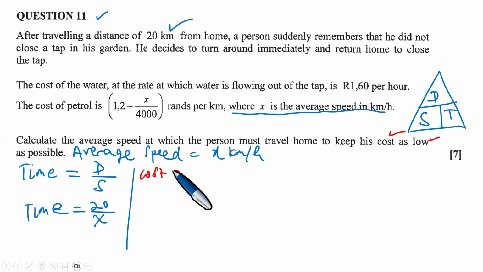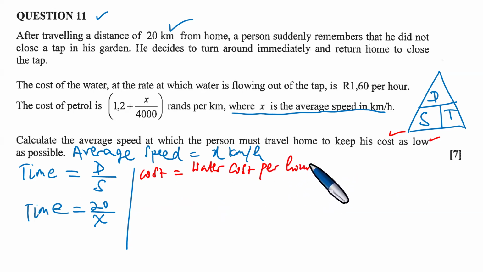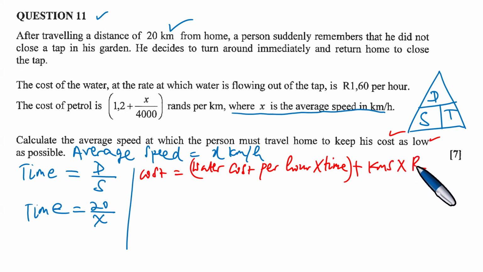The cost is the water cost per hour multiplied by the time, plus the kilometers multiplied by the rands per kilometer.